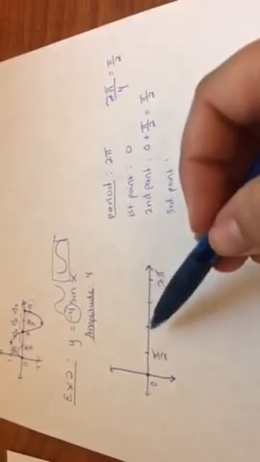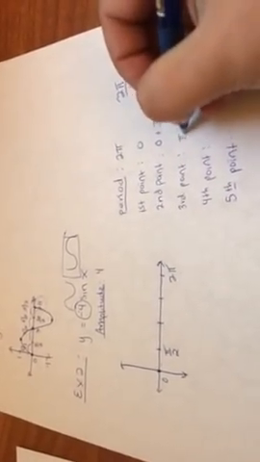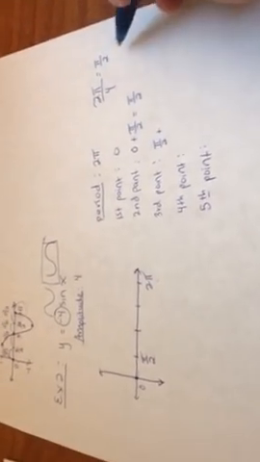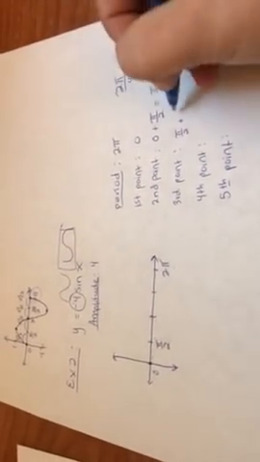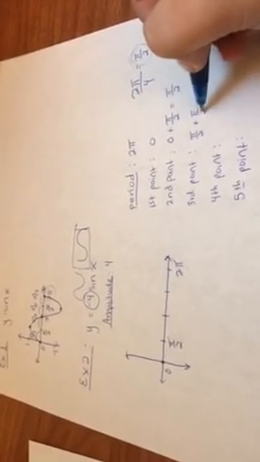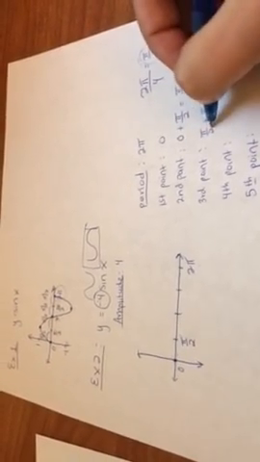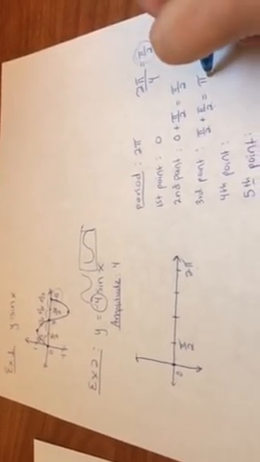To figure out this point, I take this pi over 2 and add pi over 2 to that. So I've got 1 plus 1, or 2 over 2, so that's just going to give me pi. So half a pi plus half a pi gives me a whole pi. That's going to be the point in the middle.